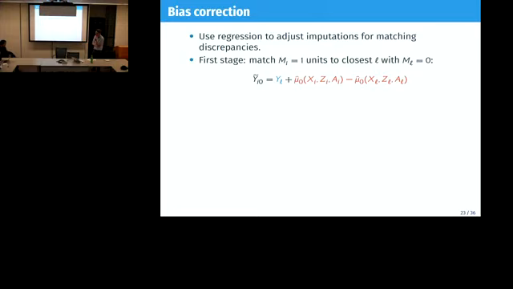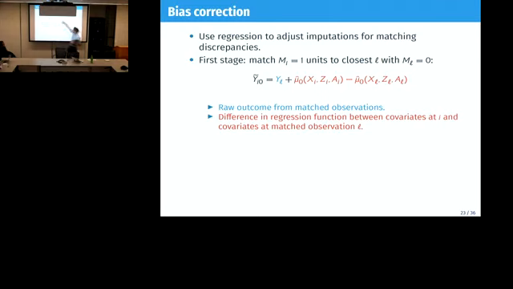So for the first stage, we're going to bias correct on both stages. The imputation we're going to use is a combination of the matched unit's raw outcome, and then the difference in the regression function between the unit that we're trying to match and its match.